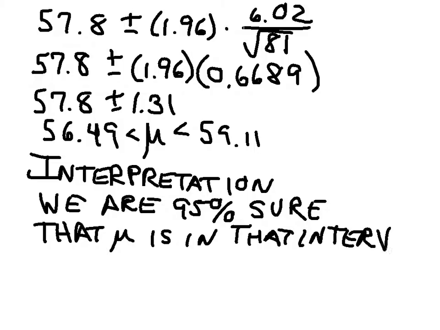So about 95% it's in there, 95% of the time it's in, about 5% it's out, but that still gives us a lot more to work with than negative infinity to positive infinity. Okay, thanks.